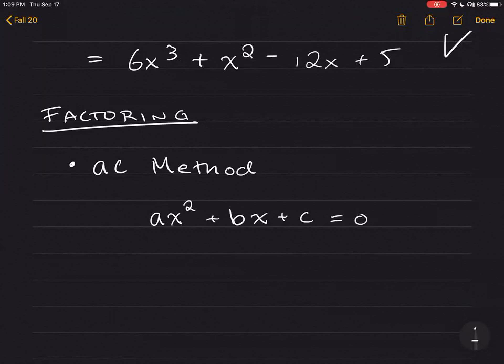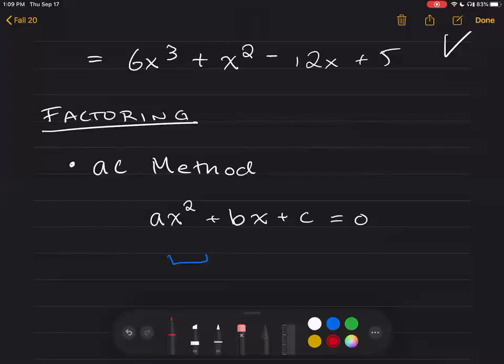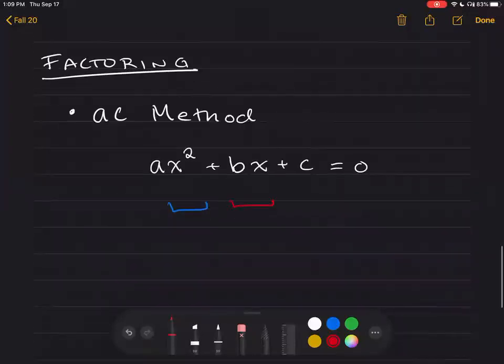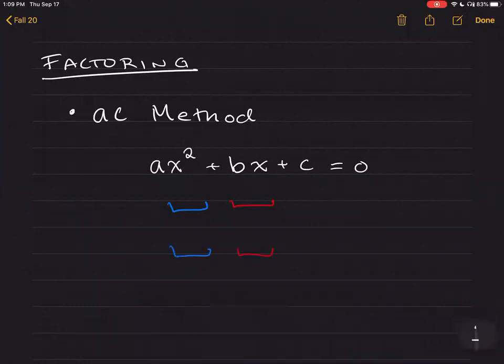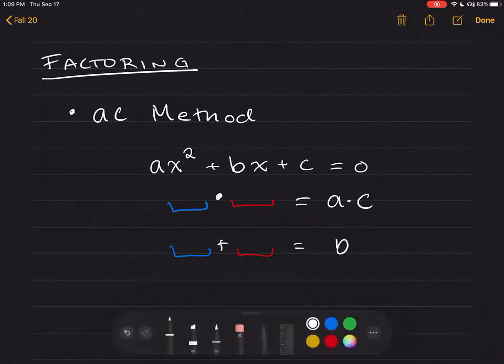What you're going to do is you want to find two numbers, like a blue number and a red number. And you want to be able to multiply them out to whatever A times C is, and then you want them to add up to whatever B is. That's why it's called the AC method, because of this right here.